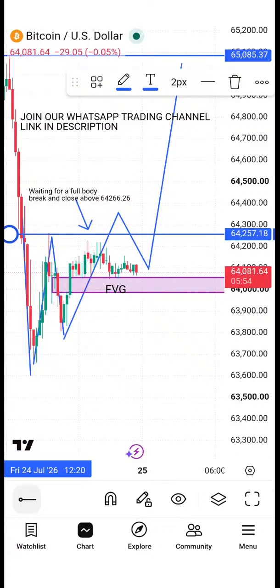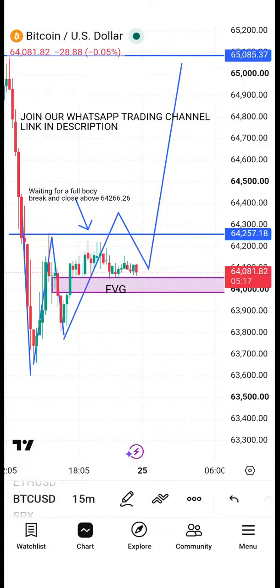If it happens that the price breaks above 64266, there is no liquidity sweep.